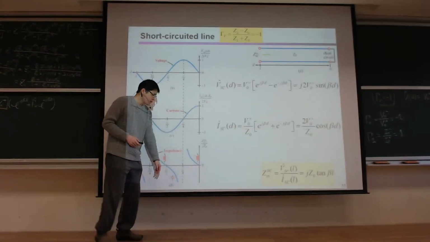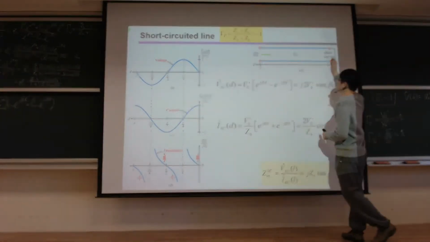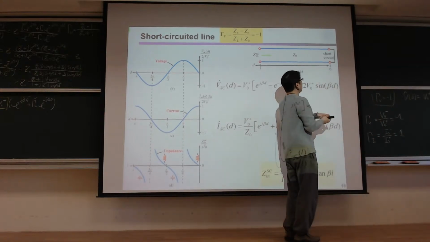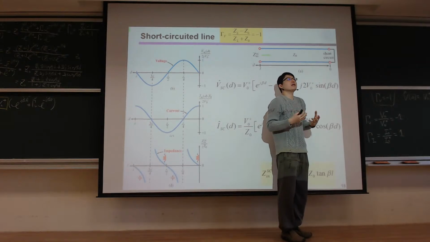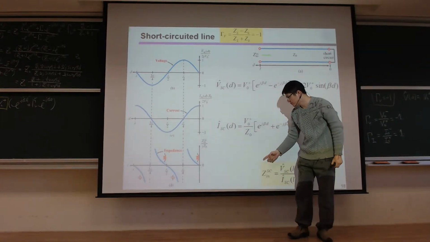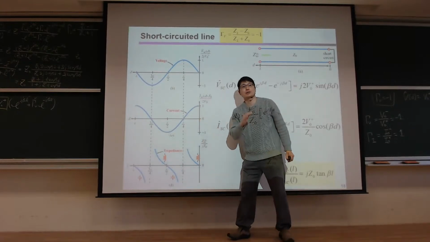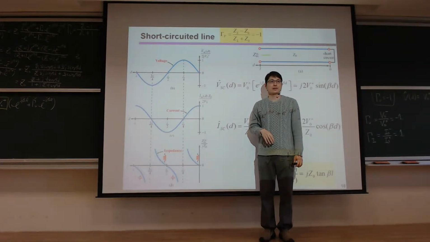So this is like I short circuit the transmission line and I walk for a certain distance and look back. Oh, that effective impedance is purely imaginary, but its value can change from negative infinity all the way to positive infinity. Okay?